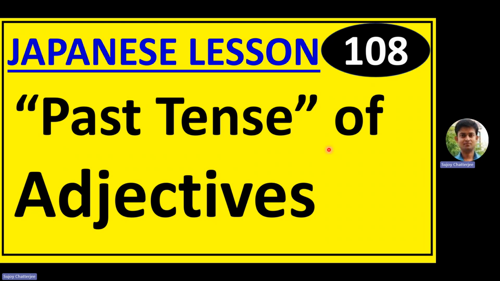So when we talk about any adjective associated to an action that happened in the past, we have to conjugate the adjective as per the rules to indicate that it is a thing of the past. That's the reason why we have past tense of adjectives in Japanese.